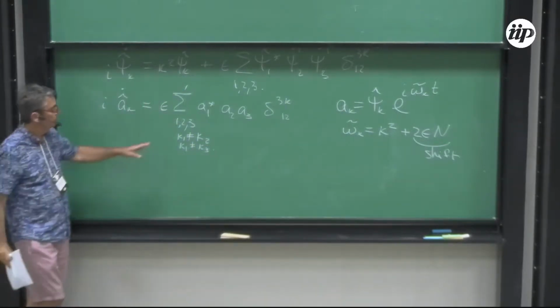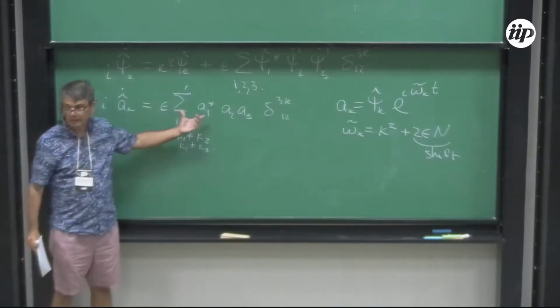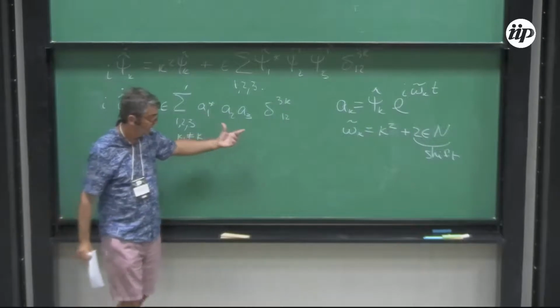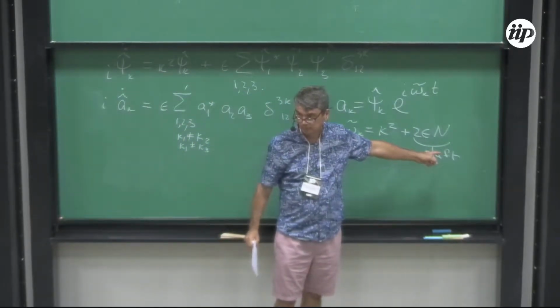So the terms with K1 equal to K2 and K1 equal to K3 are the diagonal terms in the sum, right? They make this frequency correction, okay?